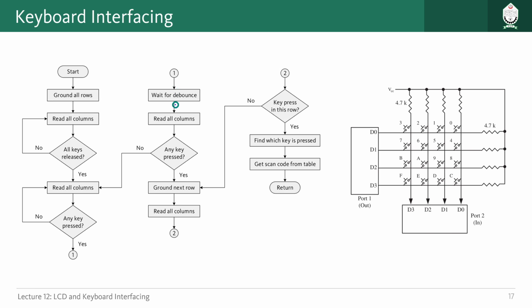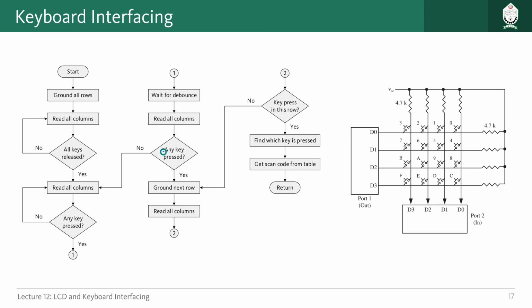Here, if a key press has been detected, we can wait for some time for debouncing, which will generally be 10 to 20 milliseconds. After waiting that long, we again read all the columns, and if we get the same value as before, that means a key has been pressed and we can move on to the next stage.